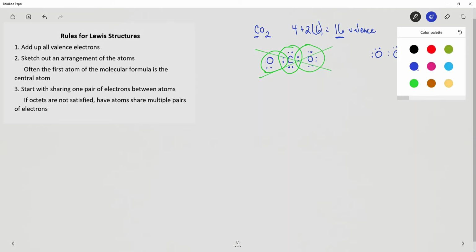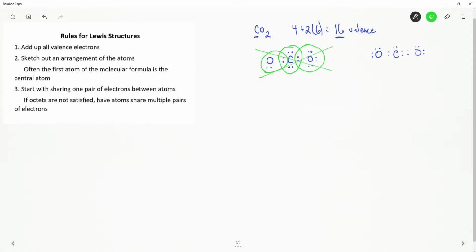Let's switch to green and see if my octets are satisfied. Okay, so I'll start with carbon here. 2, 4, 6, 8. Yes, good, octet. This oxygen 2, 4, 6, 8. Yes, octet. This oxygen 2, 4, 6. No. Okay, so this oxygen here that I've just circled does not have 8 valence electrons, so this is not a valid Lewis structure.